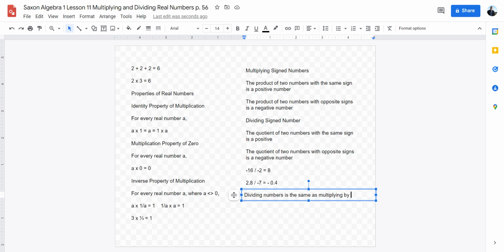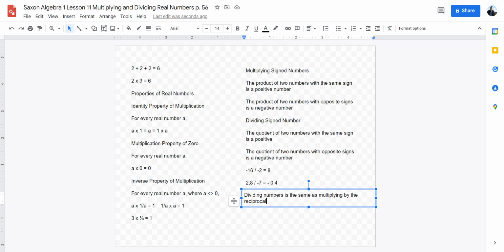It's important for you to note that when we divide numbers, it's the same as multiplying by the reciprocal. And that's always true regardless of what numbers you're dividing. So we use this with fractions all the time, and that's what the examples are going to be of. But this works with whole numbers or integers as well. And our rules for multiplying and dividing carry along with this as well.